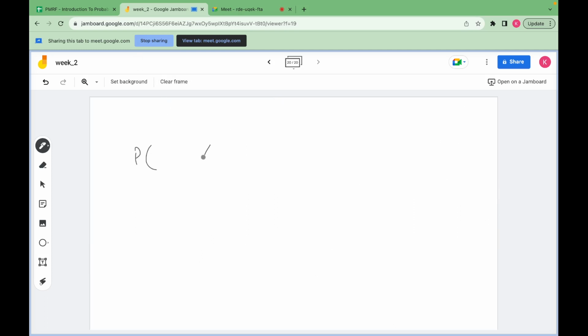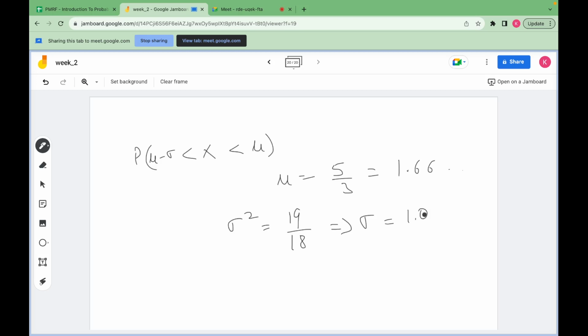The probability that x lies between mu minus sigma and mu, where mu is 5 by 3, which is around 1.666, and sigma square we found to be 19 by 18, so sigma is around 1.027. So mu minus sigma will be somewhere between 0.5 and 0.6.